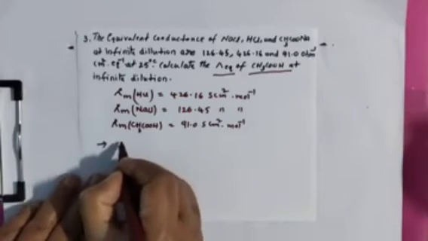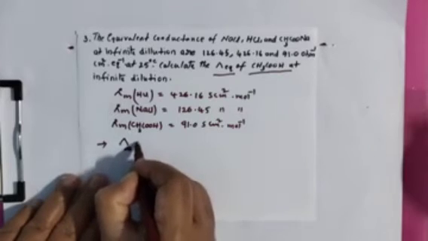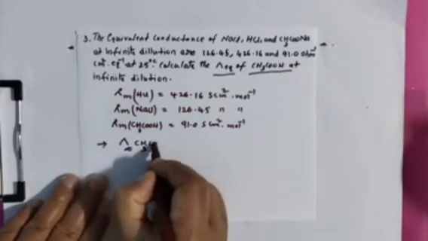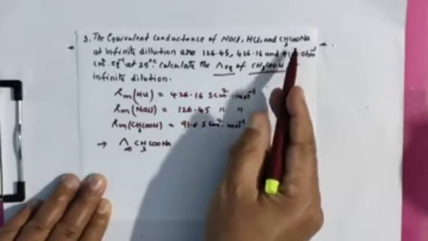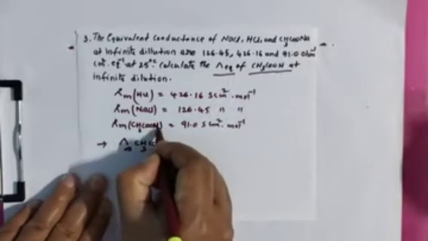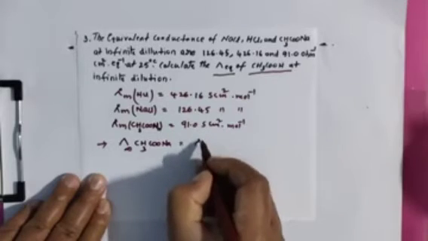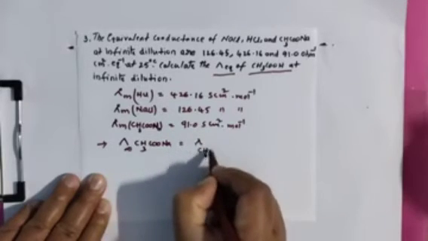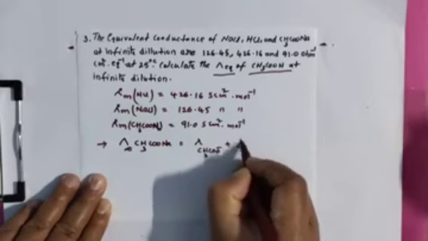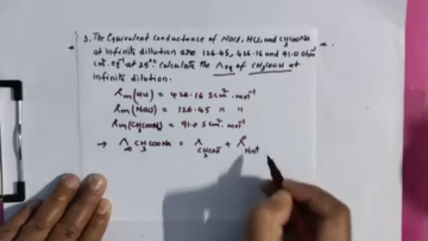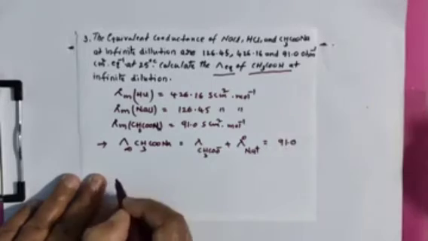According to Kohlrausch law, infinite dilution CH3COONa, sodium acetate, here this is sodium acetate, not acetic acid, is equal to lambda CH3COO minus plus lambda Na plus. This they have given as 91.0.